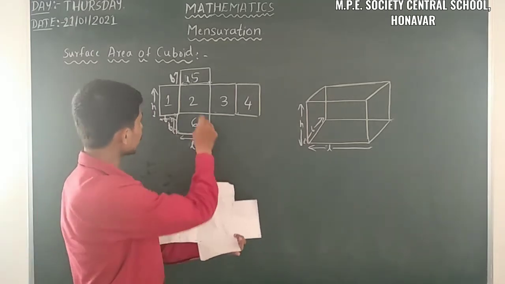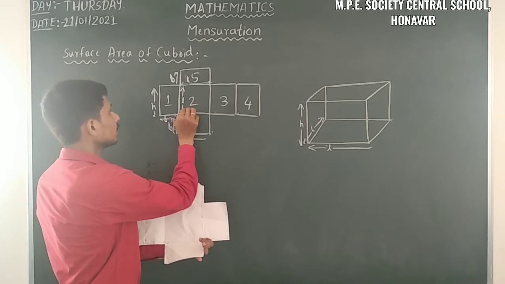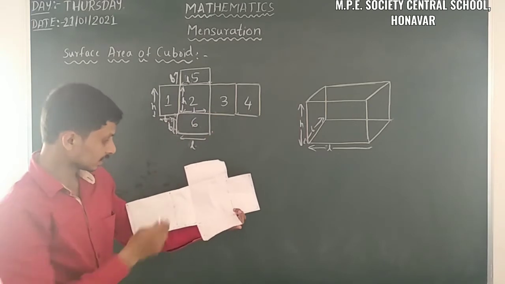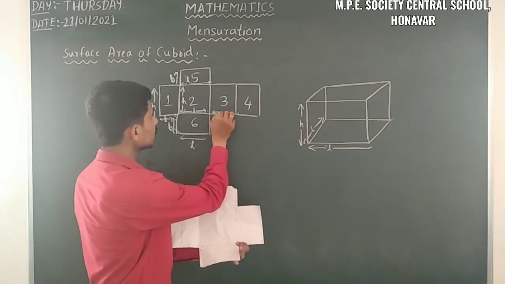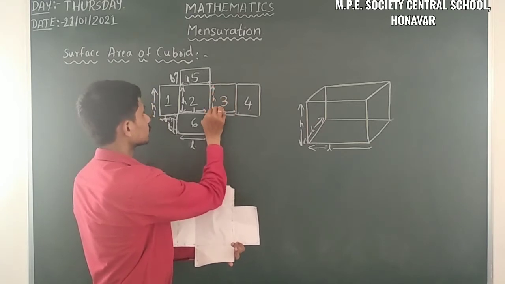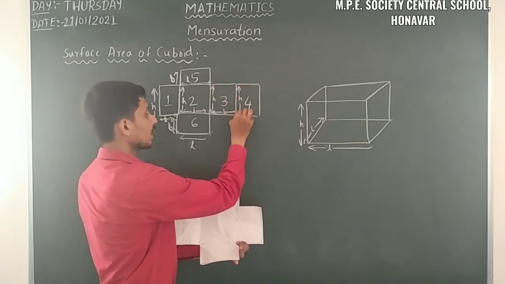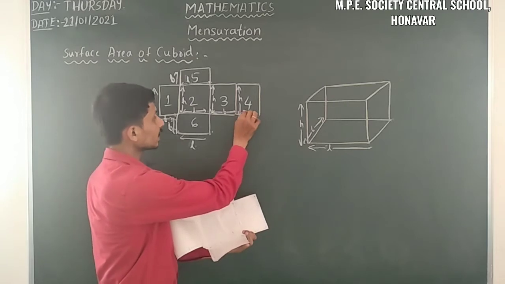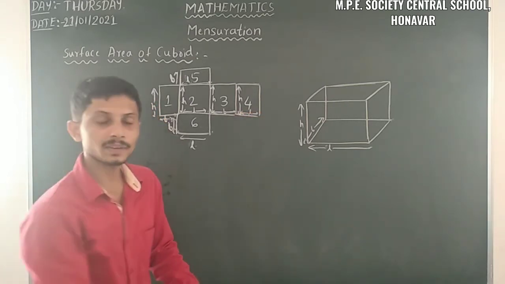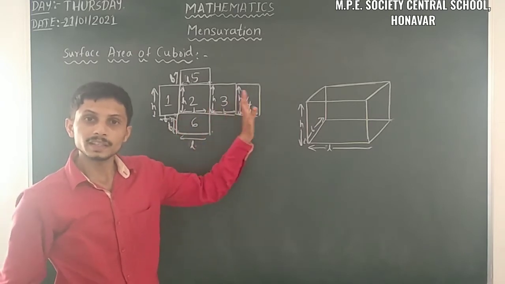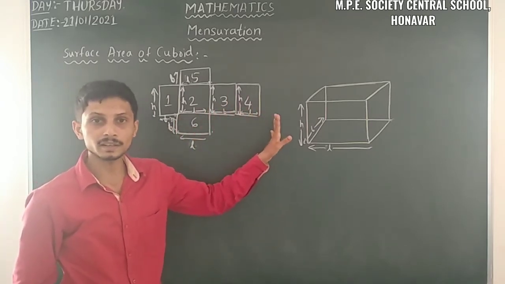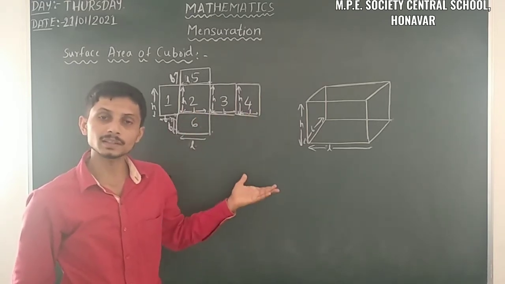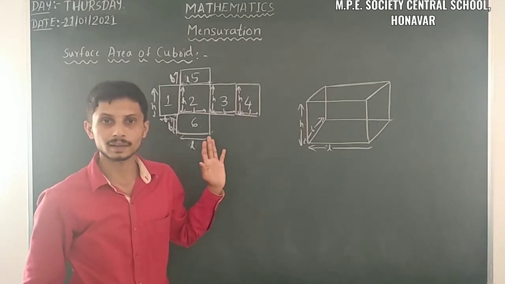And here L into H, this is L, and here it is H and here it is L. And the third one is B into H. This one is B and this one is H. And here also this one is H, and this part completely overlaps on that part, that is L into H, so that's why we can take it as L. Here we have the measurement of each and every face. Each face is a rectangle only, so we have to add the areas of all these faces. We can get the total surface area of the cuboid.